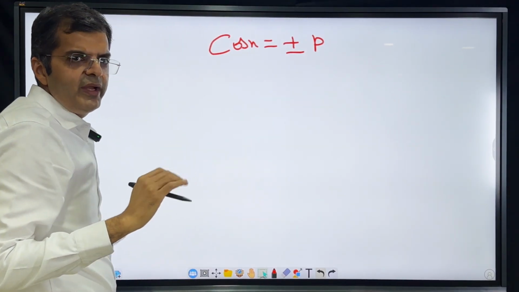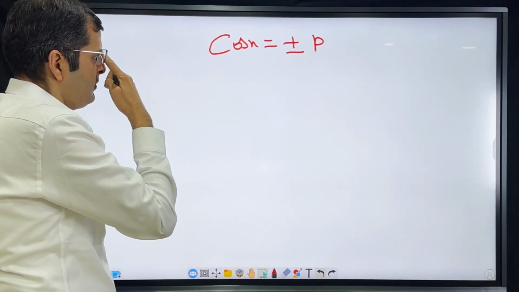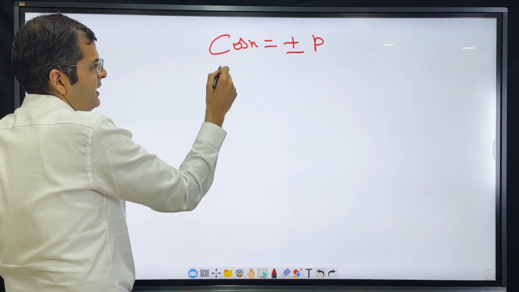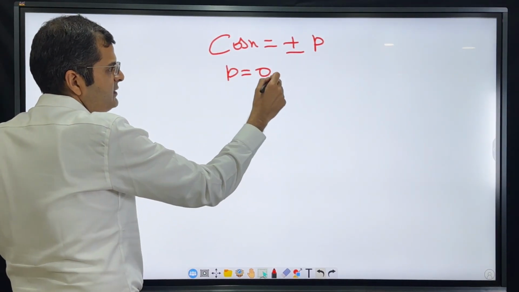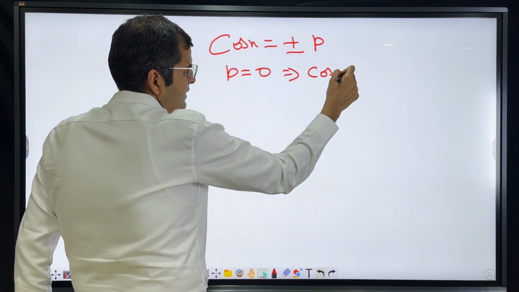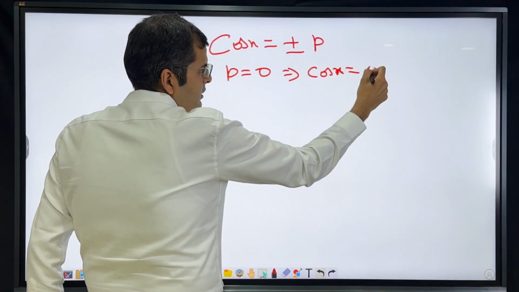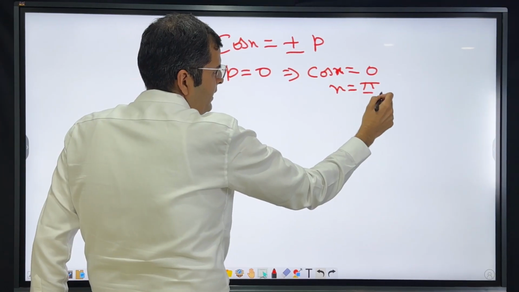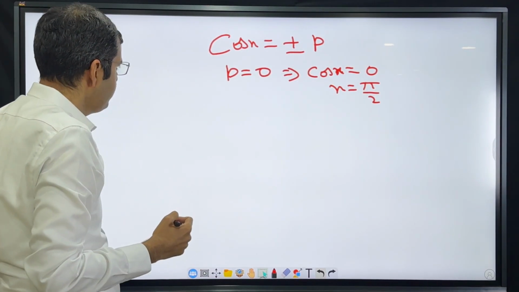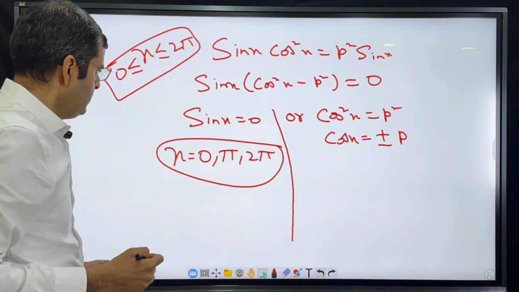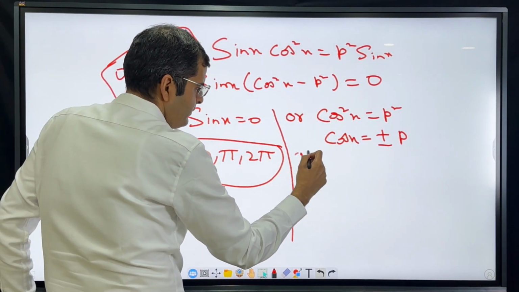First of all, we have to look at condition by condition. The first condition is that if p is equal to 0, what do I get? Cos x is equal to 0, so x is equal to pi by 2 in that range, because x lies between 0 and 2 pi, including 0 and 2 pi.